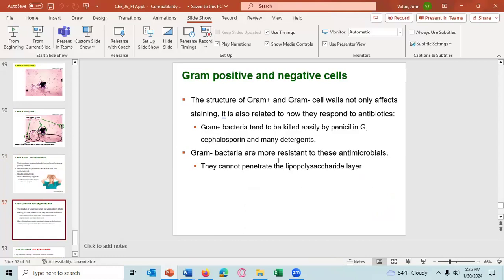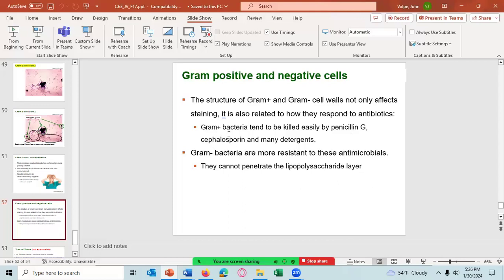Penicillin G cannot penetrate the lipopolysaccharide layer of the cell wall. And if penicillin G cannot get inside the cell, it cannot damage the cell. And so the gram-negative bacteria are not affected or controlled by penicillin G.